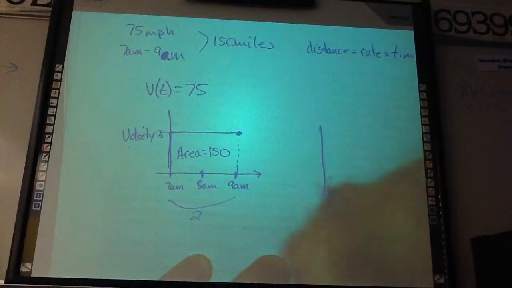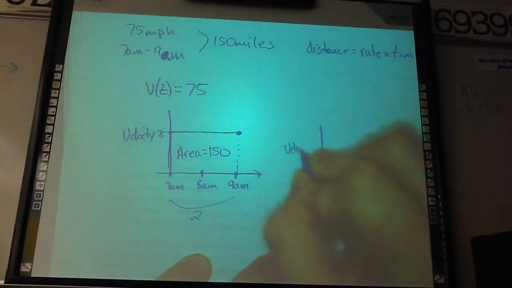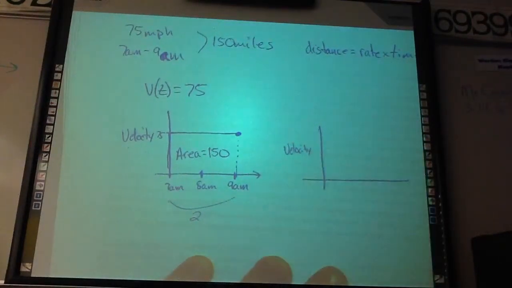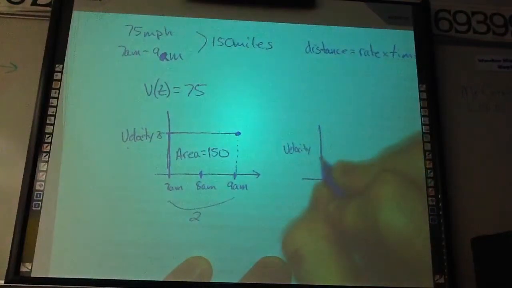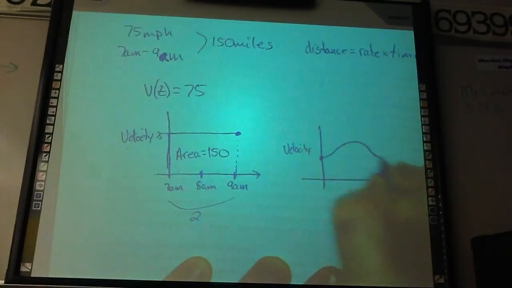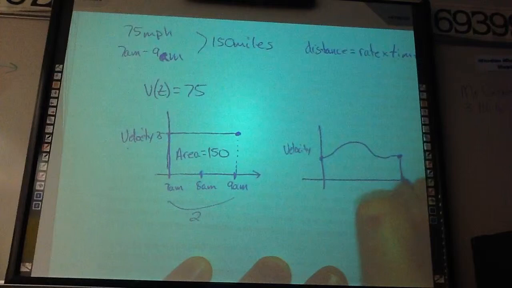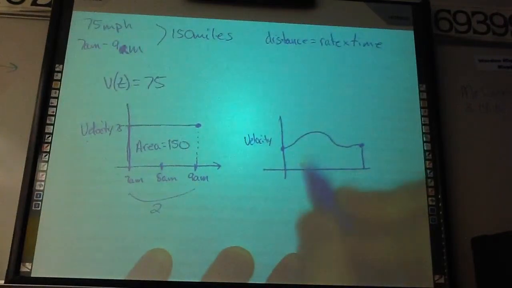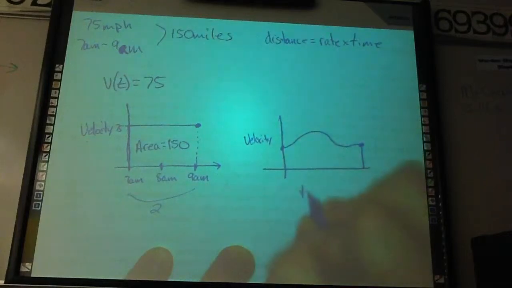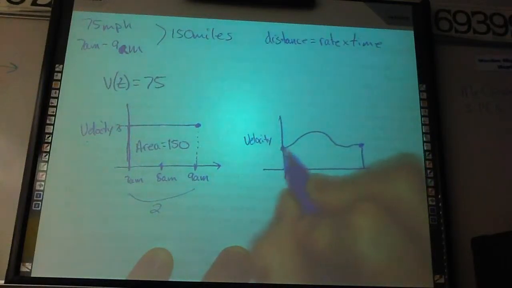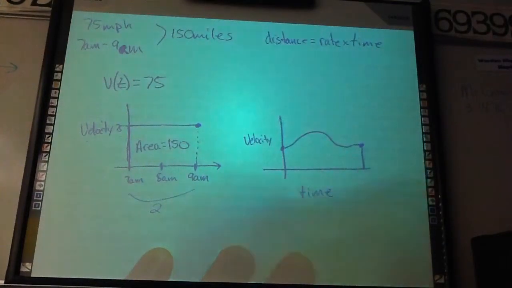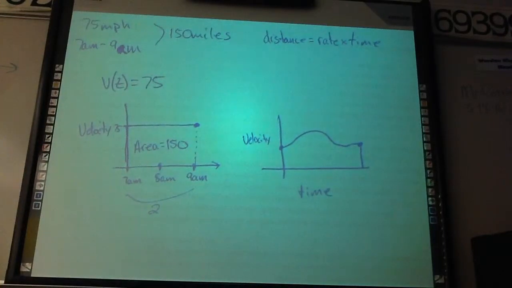That'll happen every single time. Even if your velocity is some crazy curve, if you're Sir Isaac Newton you could prove this, but you don't need to. If you can find the area under the curve, it tells you how far you went.